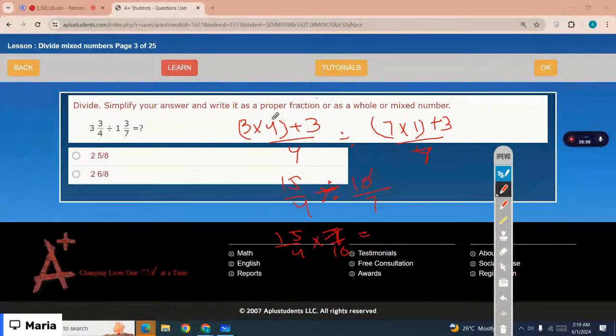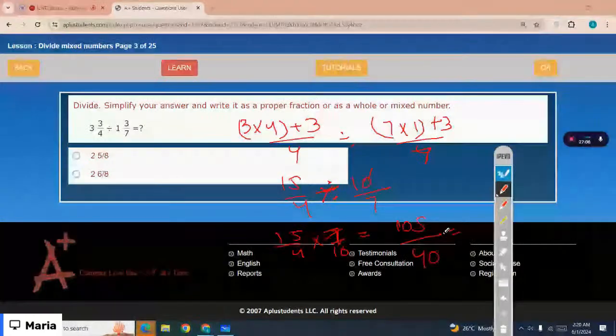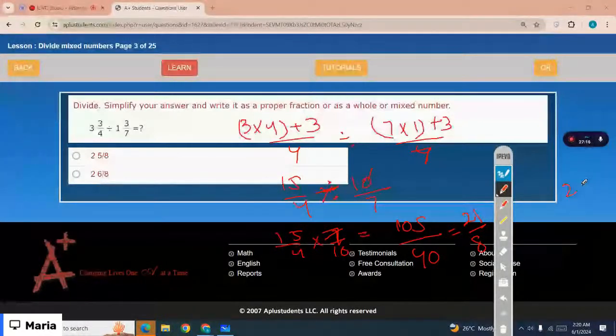15 times 7 is 105, divided by 10 times 4, which is 40, right? You can divide them by the common factor, that is 5. So 5 times 21 is 105 and 5 times 8 is 40. So you have to divide 21 by 8. 8 times 2 is 16.